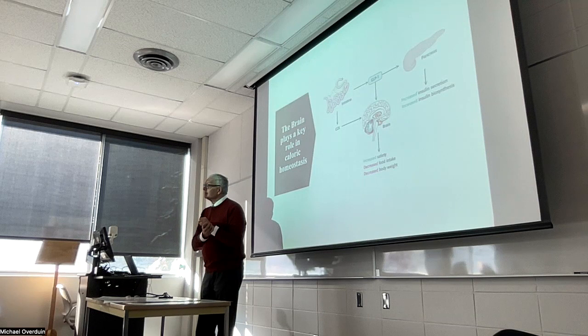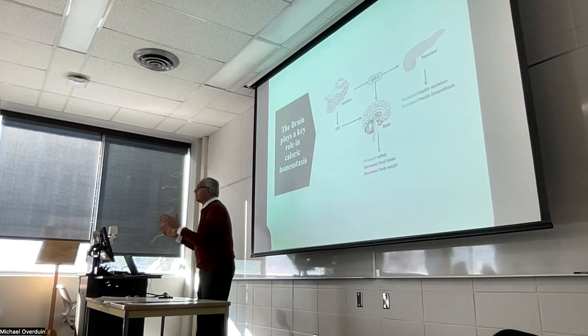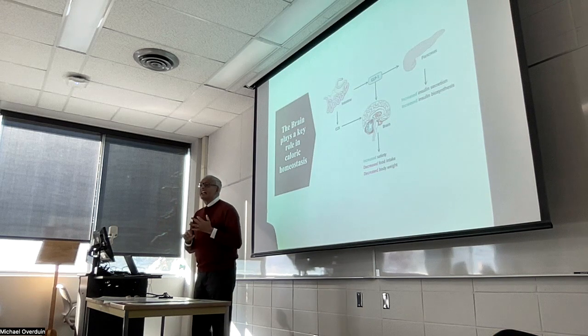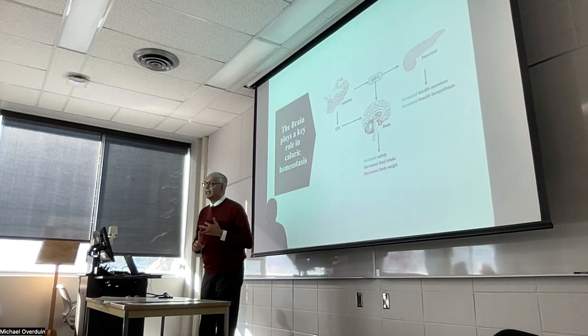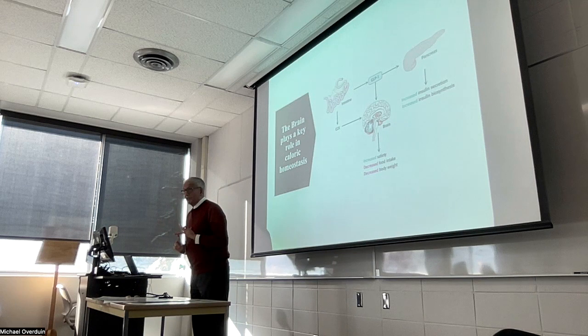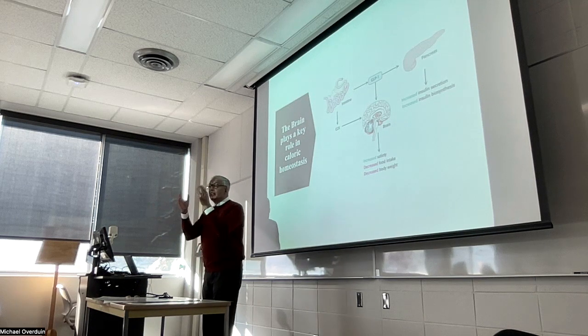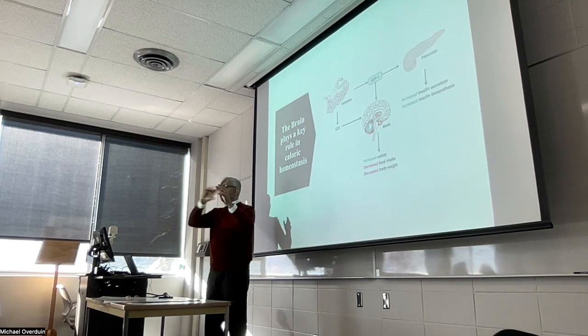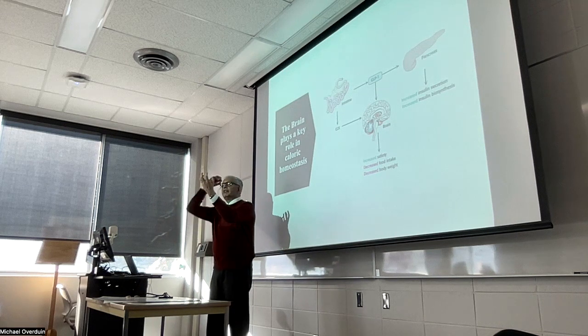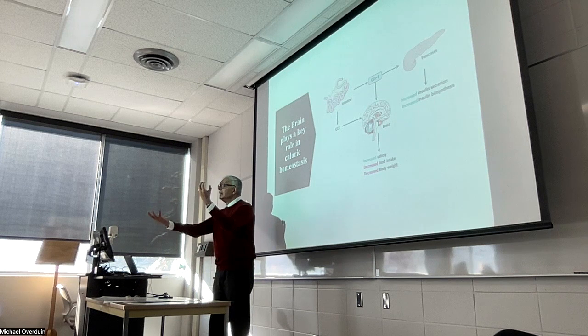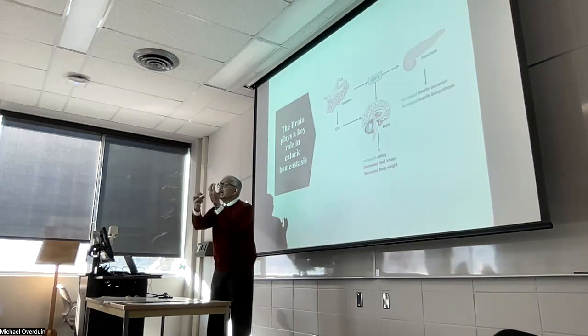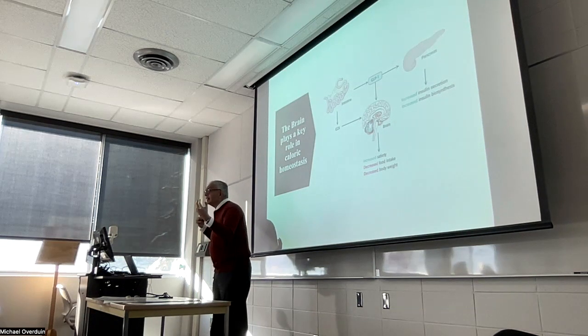Phlorizin. Biochemistry. The whole group of drugs are the gliflozins: empagliflozin, canagliflozin, dapagliflozin. How do they work? Your kidneys basically consist of the proximal tubule and glomerulus. Five liters of blood goes through the kidneys every minute as we talk. A lot of it is filtered, a lot of it is reabsorbed.